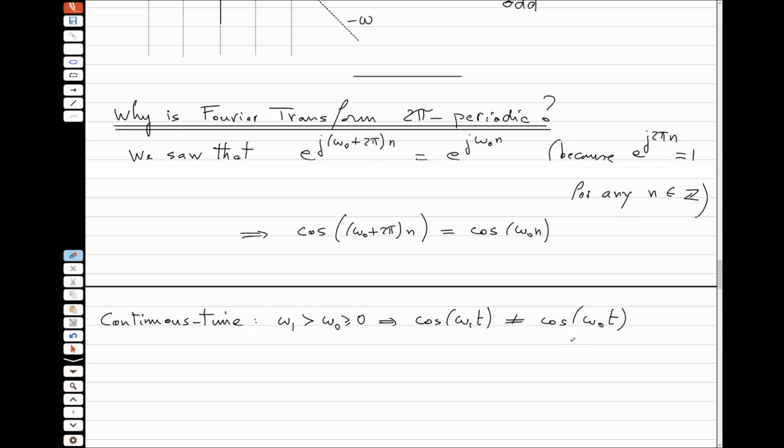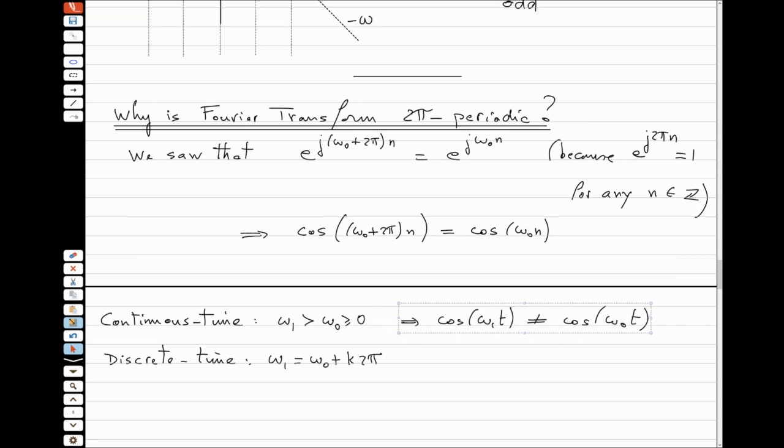So they will be different. We know that. But in discrete time, if you take omega 1 equals omega naught plus k 2 pi, cosine of omega 1 n still gives you the same thing as cosine of omega naught n. Isn't that strange?